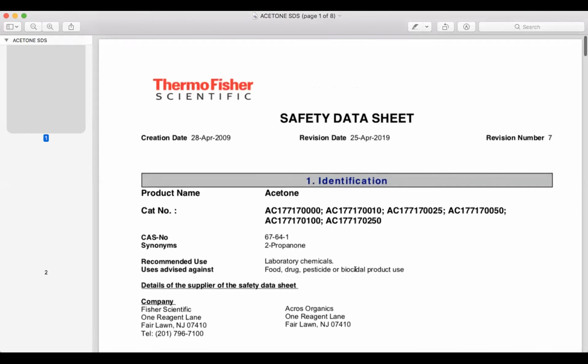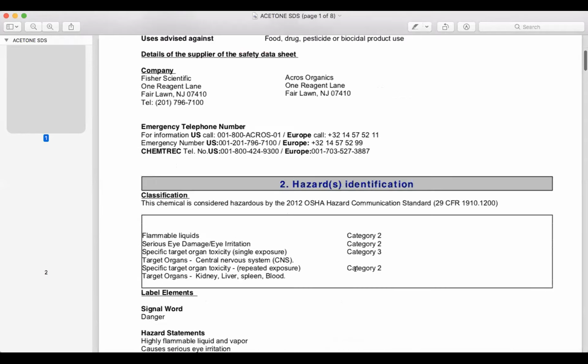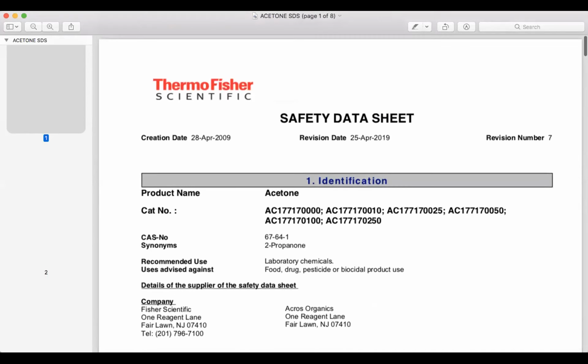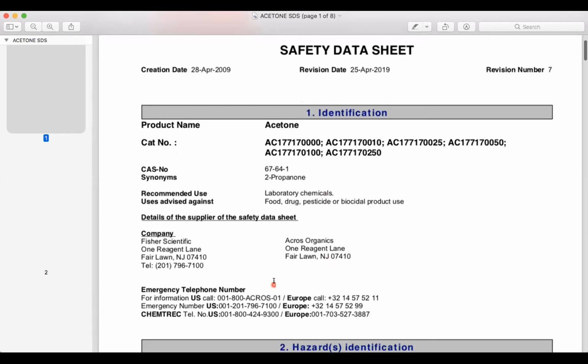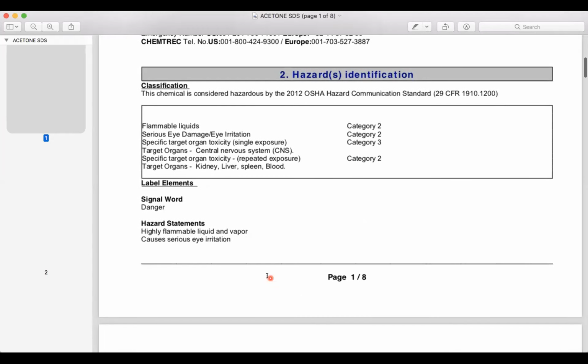So here we have the SDS sheet for acetone, where we start with including numbers like, hey, what's my product name? What are other synonyms, CAS numbers? How can I find it under the company website? Again, provided by Fisher. Where do I go for help?